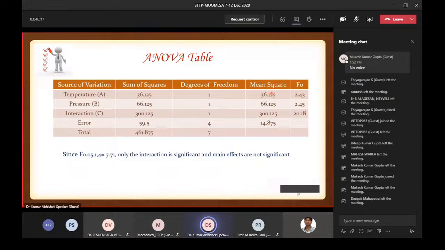From the standard F table, you are going to find the standard F value. Here, for the two factors and the interaction, the degree of freedom is 1.